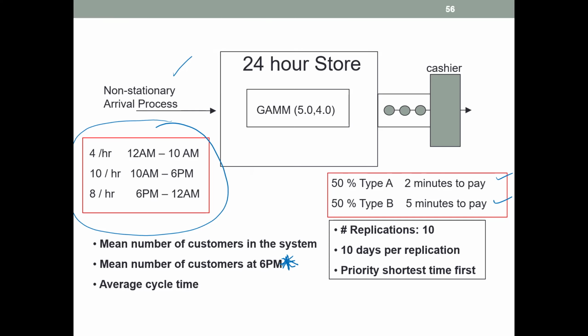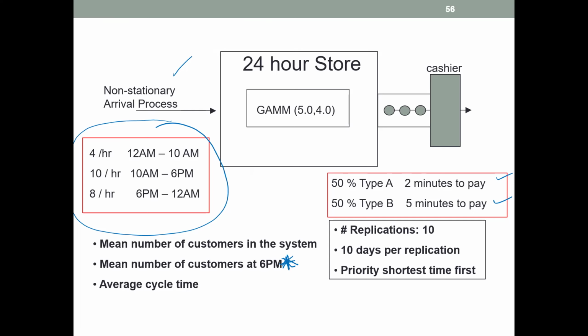Following that arrival pattern, customers will go into the store. That gamma distribution is specifying the time they will spend inside the store, so this is basically a delay. And then after they shop, they'll go to a single cashier, where they pay for their items.